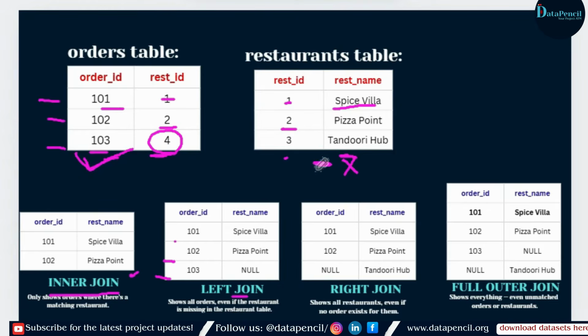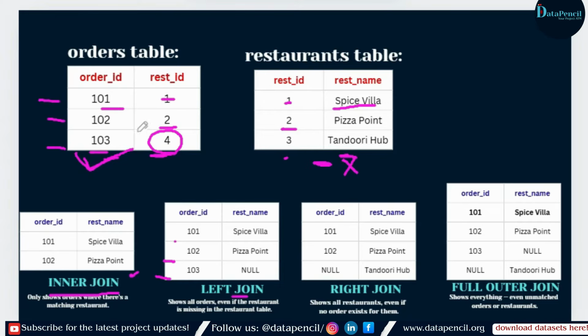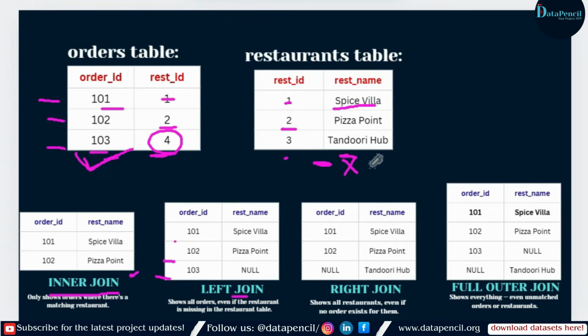Okay. Now everyone gets their day, right? Till now the orders table had dominance. Now it's the restaurants table's time because it is on the right side. So the table on the right side will now dominate. This table will say, now all my rows will appear in the result window, not yours. Then the orders table will ask, what will you do if you have an extra row that is not in me?